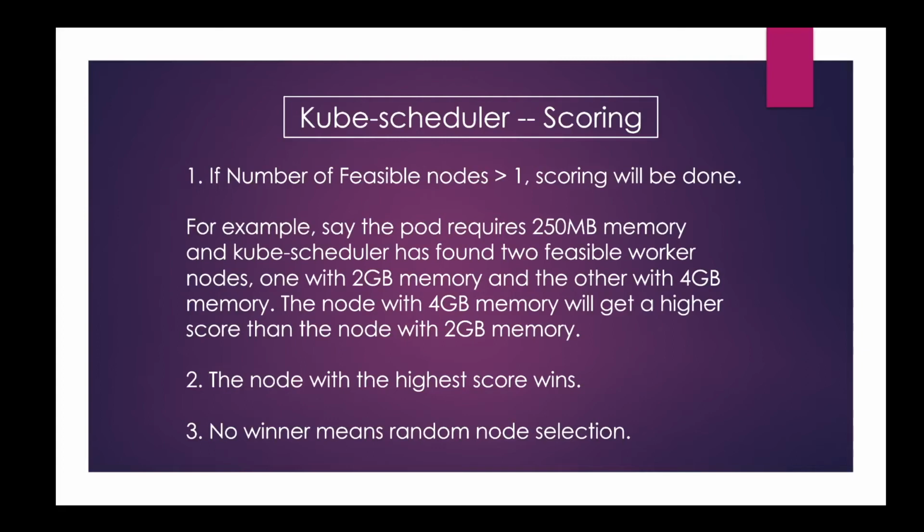Obviously the node with the higher score wins, and that's where the pod will be placed. If there is no winner, meaning all the nodes get the same score, then one feasible node will be selected randomly.